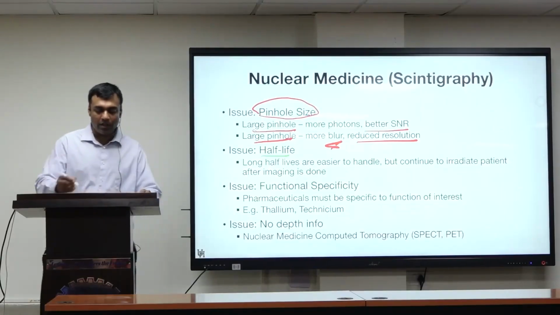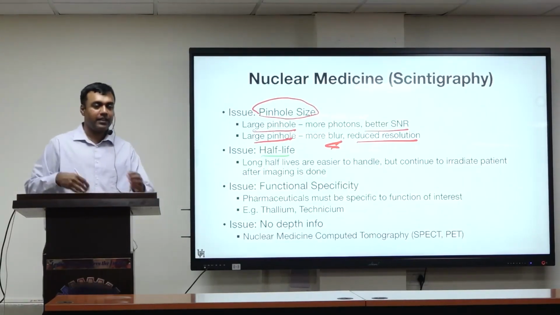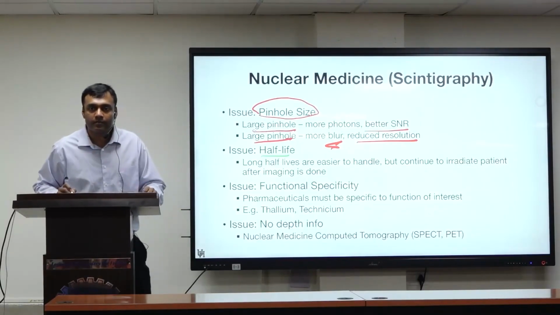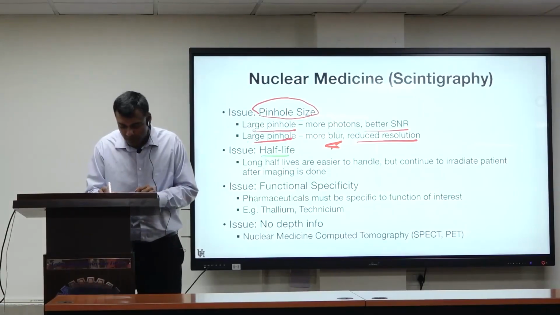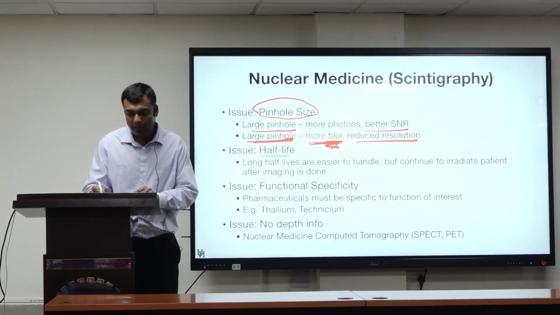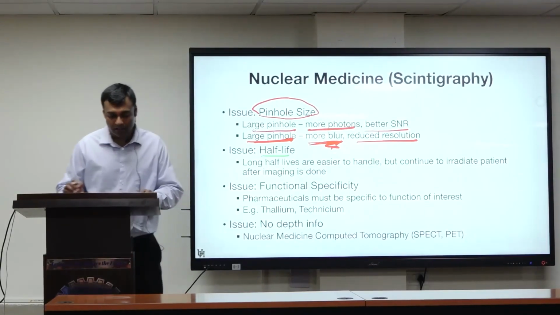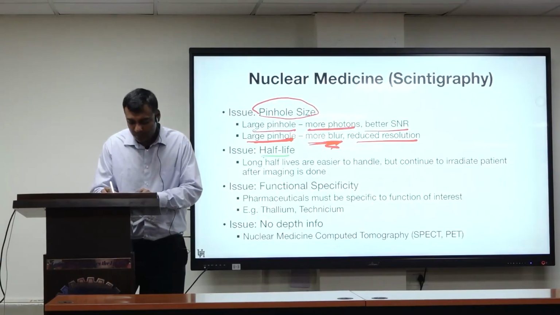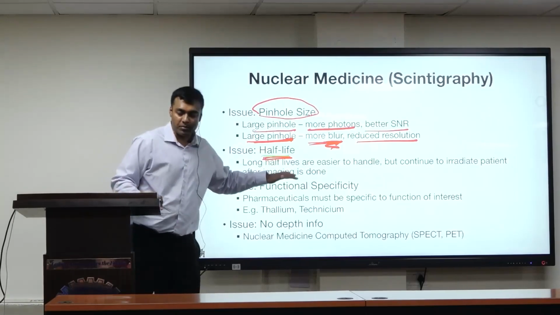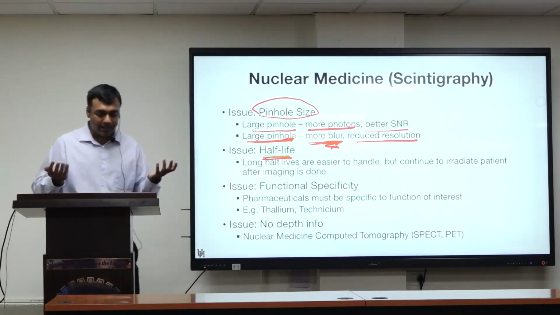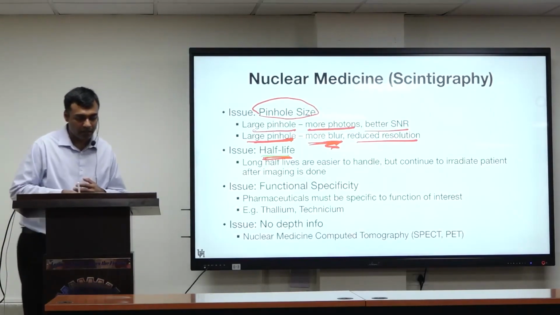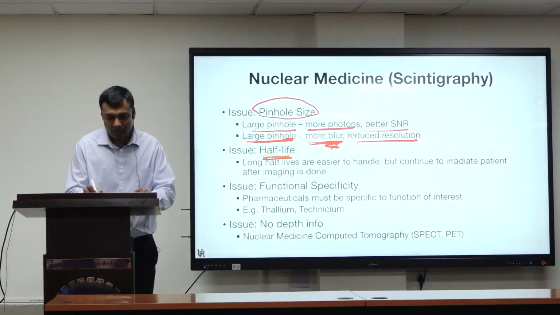And the other thing is you have to create radioactivity, right? Yes, large pinhole means bigger blur, and large pinhole means better SNR. That's correct. Another thing you may know about radioactivity is that it has a half life, and depending on the chemical or material, it could cause problems.